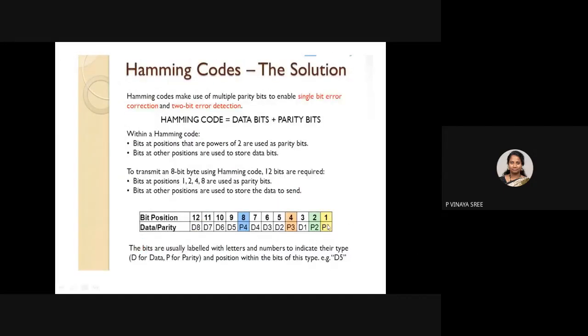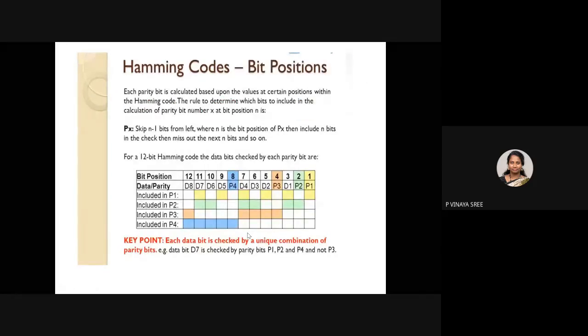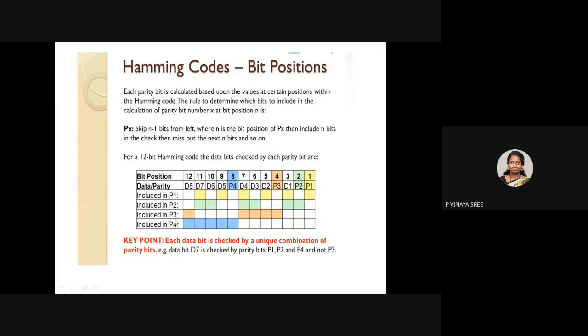In place of 1, 2, 4 and 8 we have placed parity bits, and in the remaining places we have to place the data. Now, what data do we want to send? We are calculating the parity bits based on this matrix.